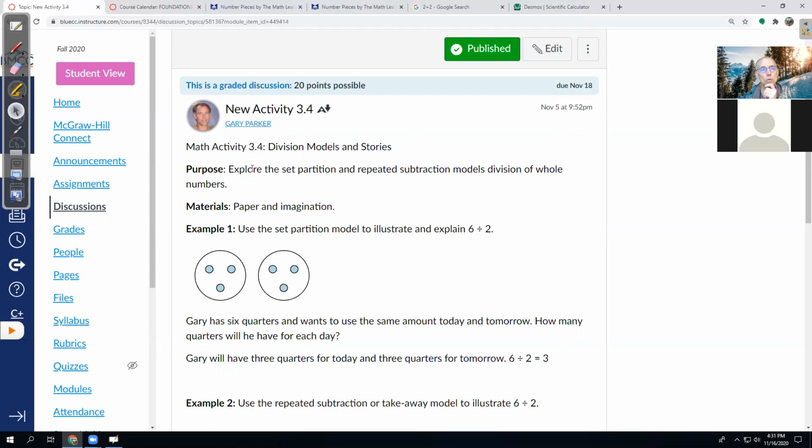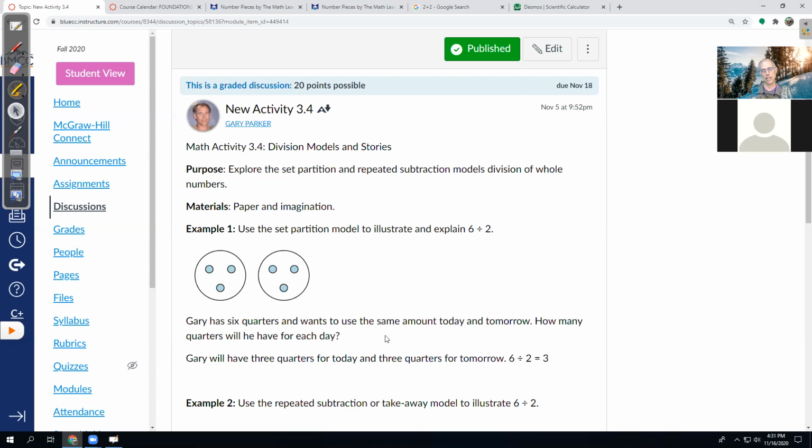If you have pictures but no explanations, you only did part of what I'm looking for. So here we're going to explore the set partition and repeated subtraction models that we talked about in class today. They're also listed in the book. So here I have a picture of what 6 divided by 2 means for the set partition. The set partition means to make 2 groups and then put six things equally in those 2 groups.